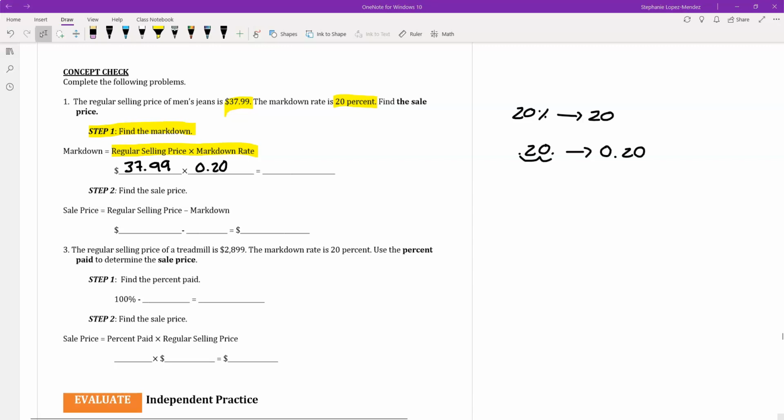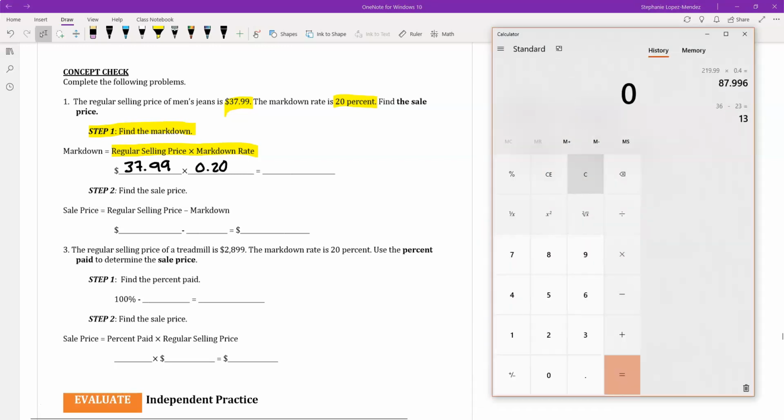If we go to our calculator, we have 37.99 times 0.20. That gives me a total of 7.59. If you remember how to round numbers, we could go ahead and round it to our nearest tenth.